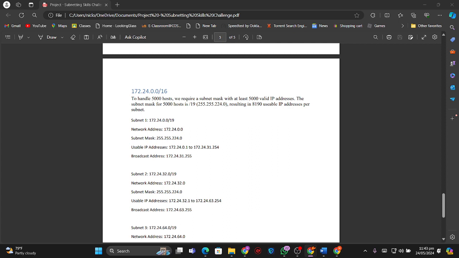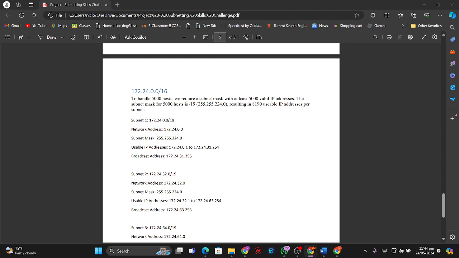So we will need two extra addresses for the network and broadcast address, and 8,190 usable hosts. A /19 subnet mask, which is 255.255.224.0, gives us 8,192 IP addresses.